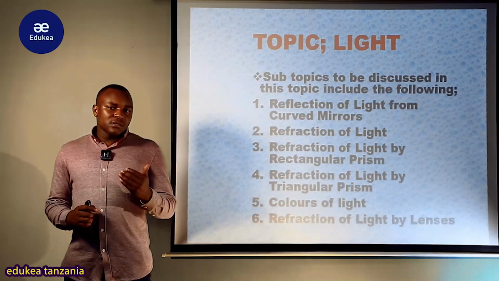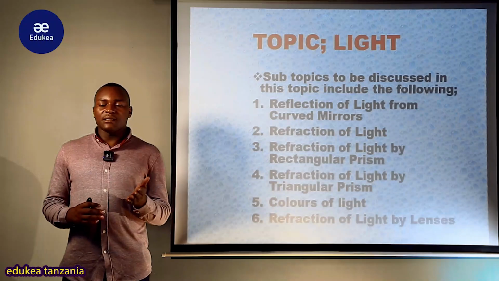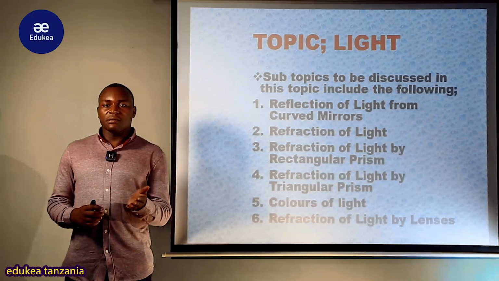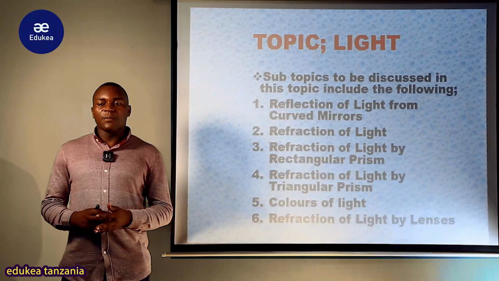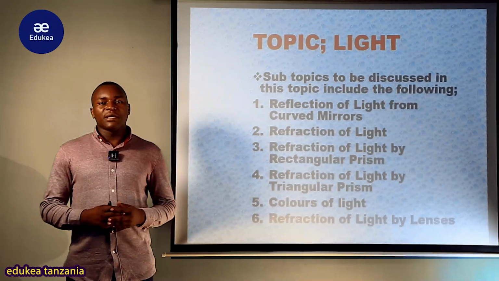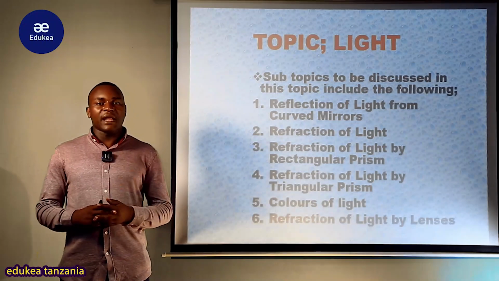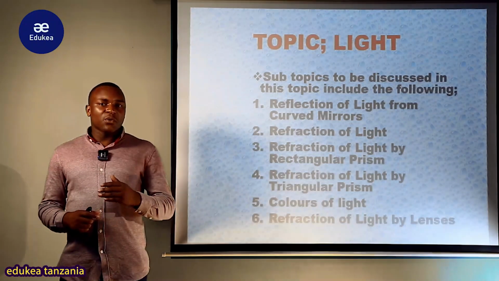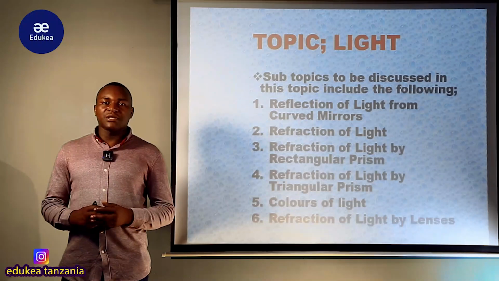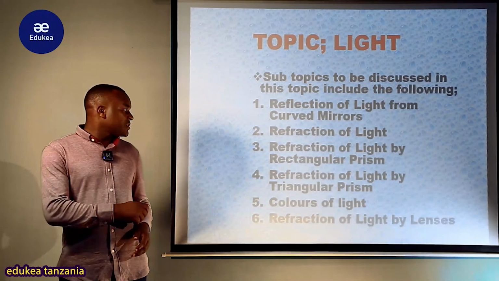But within this subtopic ambao ni refraction of light, tuliangalia the laws of refraction, ambapo tukasema first law na second law. Hatukuishia hapo, tuliangalia kuhusiana na critical angle pamoja na total internal reflection of light, na tuliweza kuangalia the formation of mirage, na tukaweza kuangalia application of the total internal reflection.